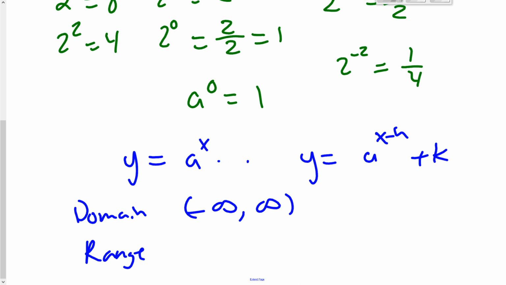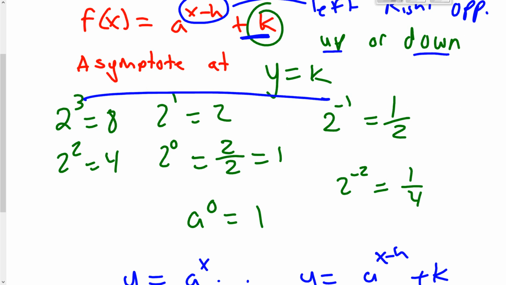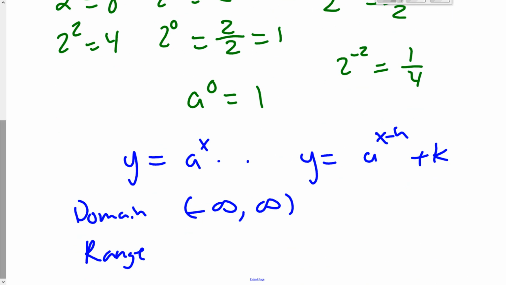So our range is always going to be from k, and it's never going to hit k, right? That's always going to be a horizontal asymptote. Did I say vertical at the beginning? This is a horizontal, right? It's y equals, so that's horizontal. So it's always going to be from k, but not going to hit k, to positive infinity.